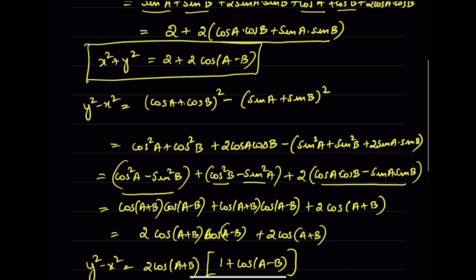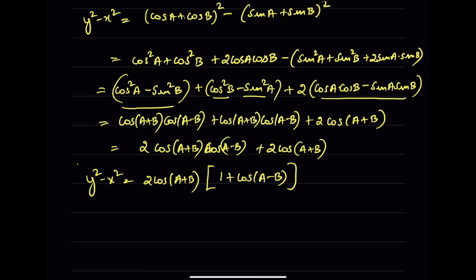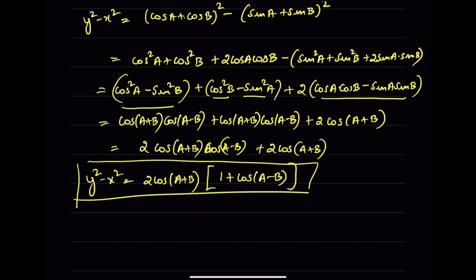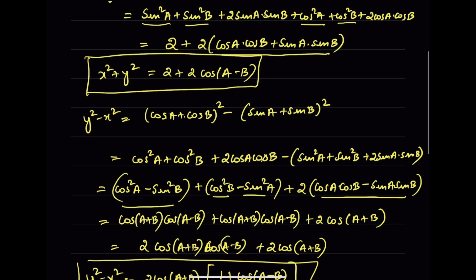Okay, now in the question we have to find y square minus x square divided by y square plus x square. So let's divide this. y square minus x square divided by y square plus x square. So we would have 2 times cos of A plus B multiplied by 1 plus cos of A minus B, divided by, what is y square plus x square?